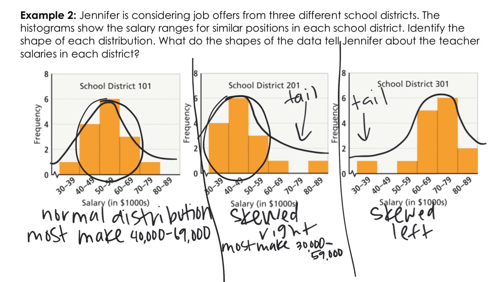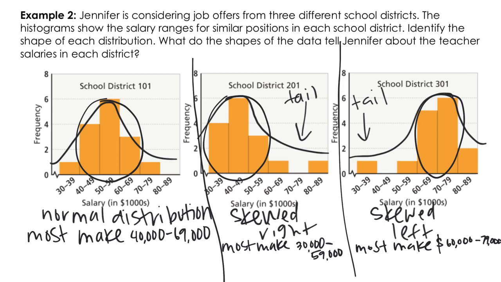And then the last one, most people, it looks like, are making within these 2 bars right here, which means that most are making between $60,000 and $79,000.